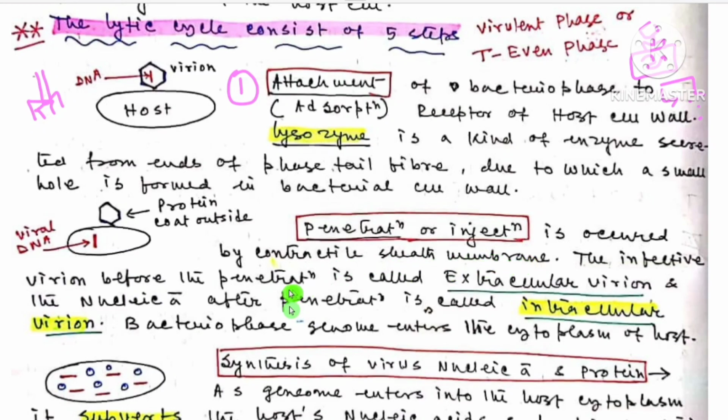The infective virion before penetration is called the extracellular virion, and the bacteriophage genome enters the cytoplasm of the host cell. This is the viral genome, the bacteriophage genome. So this bacteriophage genome enters into the host cell, and this is known as penetration or injection.